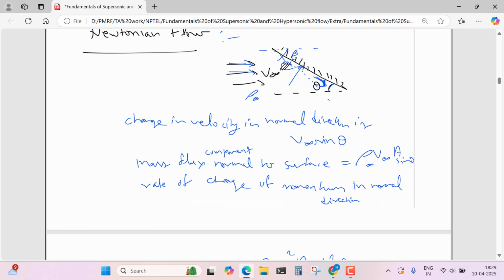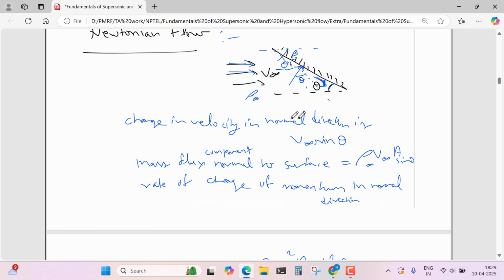It will be V infinity sin theta. Sorry, not cos theta, V infinity sin theta. And it is assumed that the flow velocity normal to the plate will become 0.